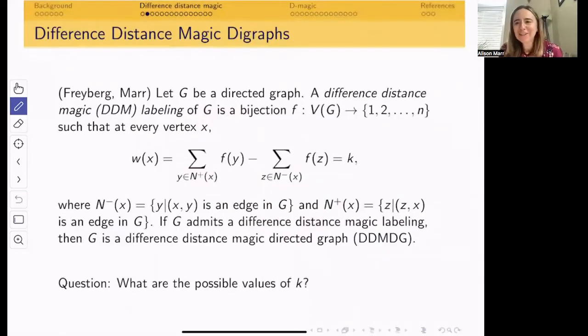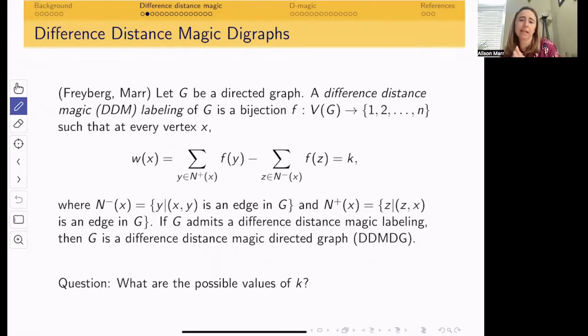This is a definition that Brian and I wrote down after a talk I gave at a conference, collaborating between what he does and what I do. The idea here was to take that Zn orientable definition and use it by taking the labels to be 1 up through n in standard addition and subtraction. Here we're talking about the weight of the vertex to be the sum of everything coming in minus the sum of everything going out.